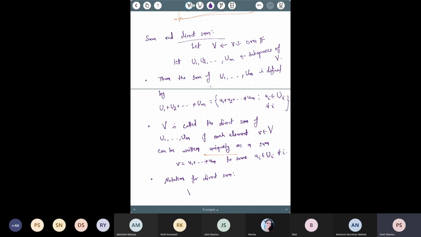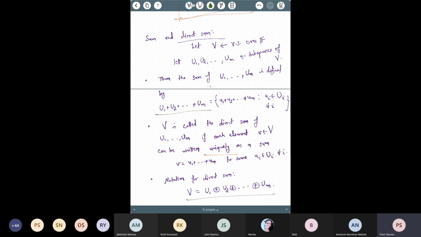When V is the direct sum of the subspaces U1 to Um, then we write V as this one, and so on up to Um. Okay. So this notation is just for sum and this one is for the direct sum. So this is just the definition.